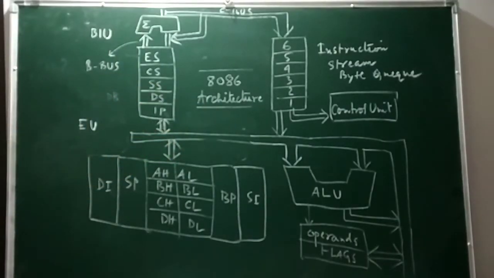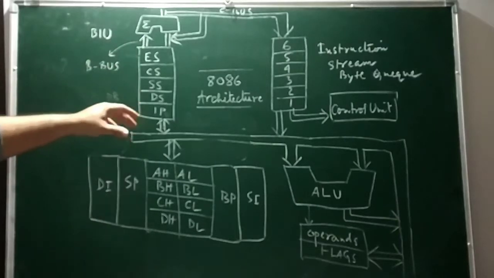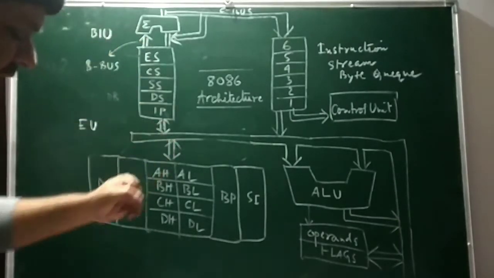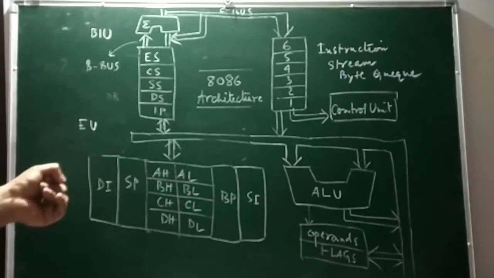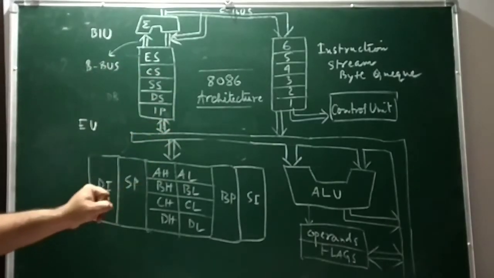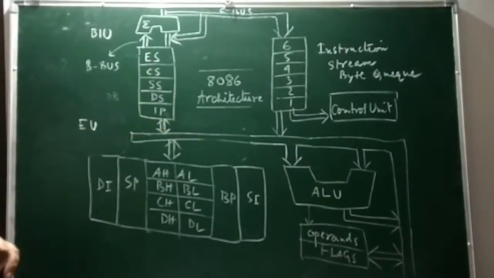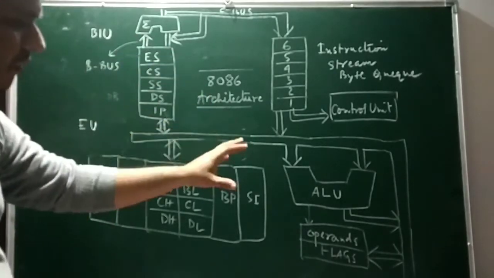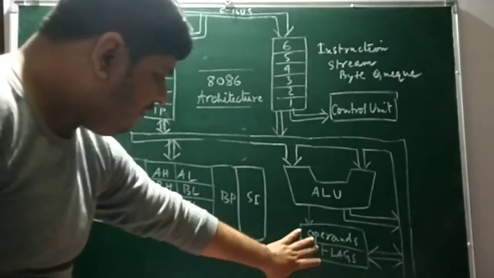Fine. So 8086 registers, you can say in simple words, can be classified into different types. One is general data registers, one is segment registers, one is pointers and index registers, and another is flag registers. Flags you can find here.